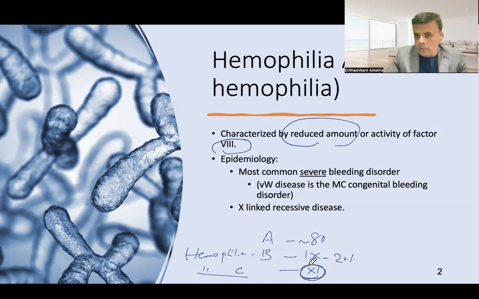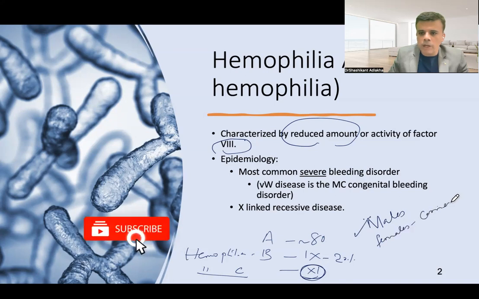Clinical features are more commonly obvious in males, whereas in females it may be there, but generally it acts as recessive. Males are the patients, and females are the carriers; you need to remember that, it is commonly asked.